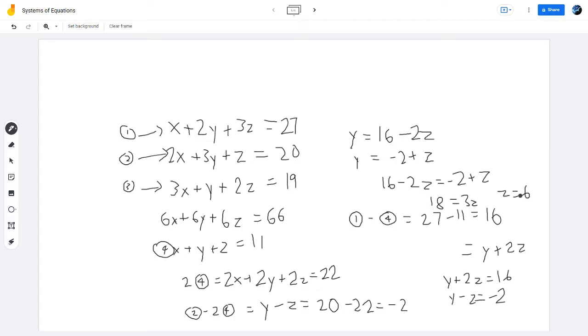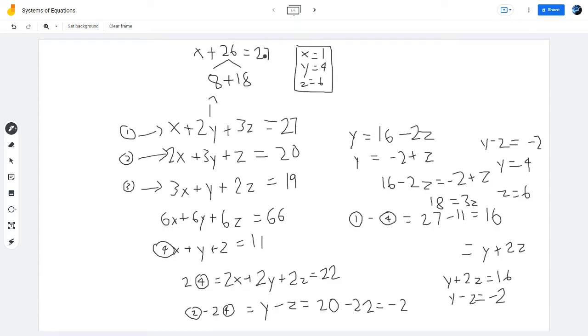If z is equal to 6, and y minus z equals negative 2, then clearly y equals 4. Then, if y equals 4, this is going to be 8, this is going to be 18, this is going to add up to 26 plus x equals 27. So of course, x is equal to 1. That is our solution: x equals 1, y equals 4, z equals 6.